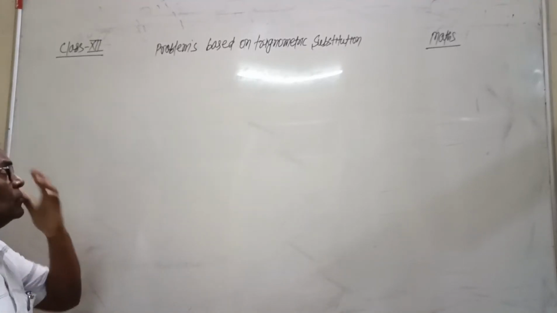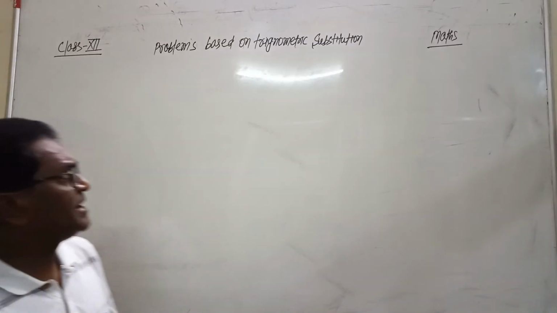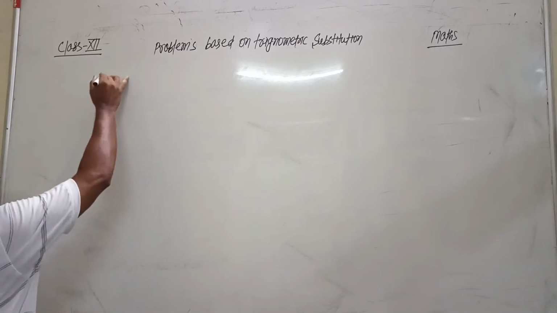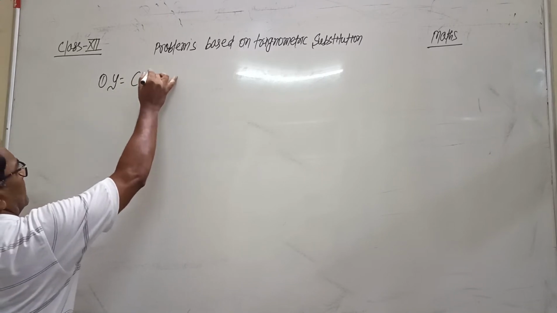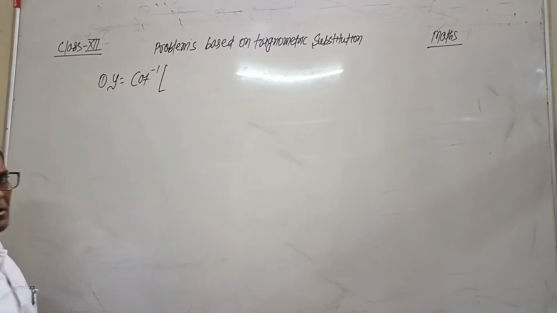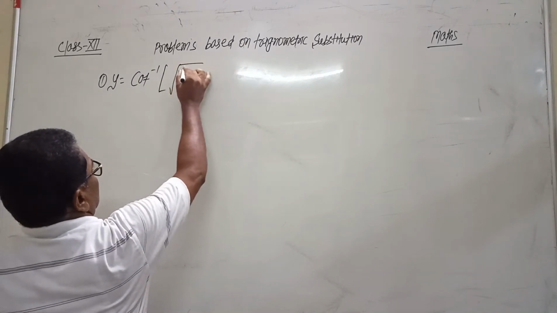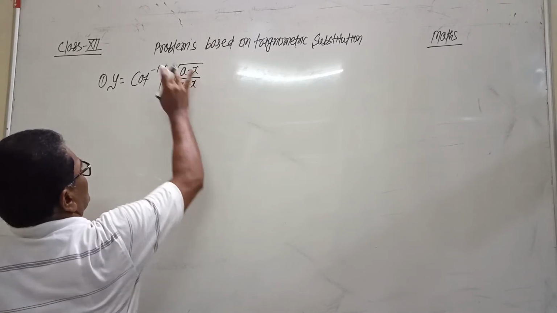Today we will continue problems based on trigonometric substitution. The question is y equals cot inverse of under root of (a minus x) upon (a plus x).